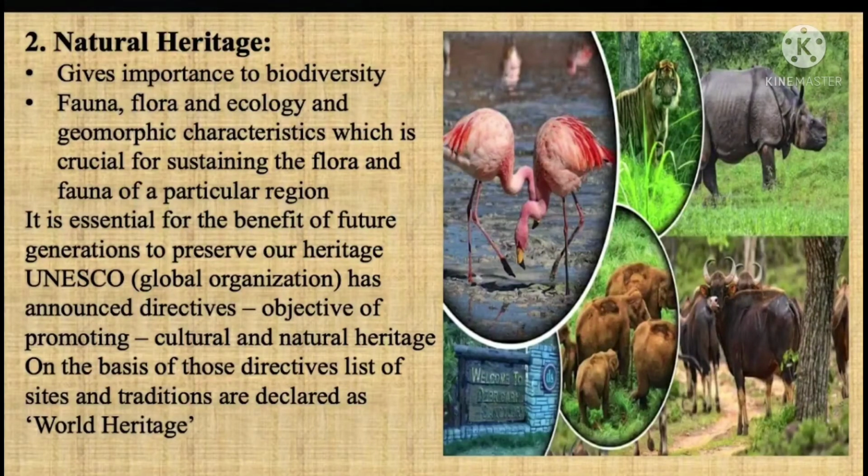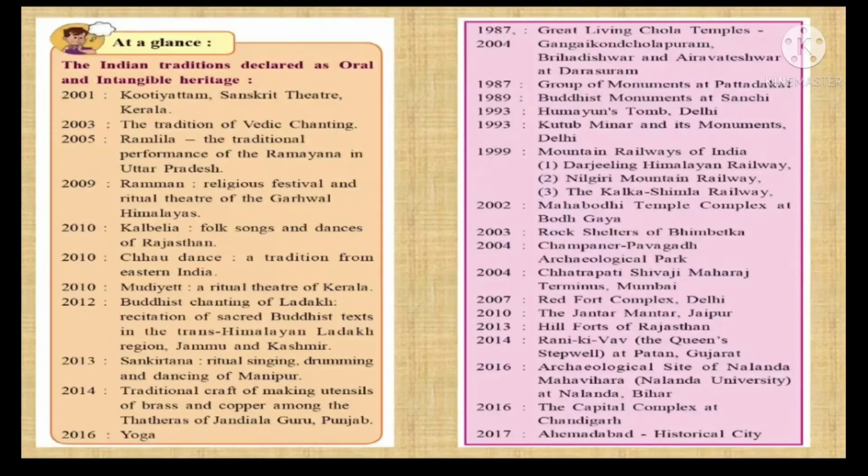So, children, now I would request you all to switch on to page number 18. There are the list of heritages declared by UNESCO. Let's have a glance on it. There are certain Indian traditions declared as oral and intangible heritage by UNESCO.